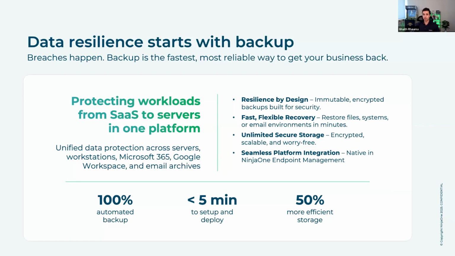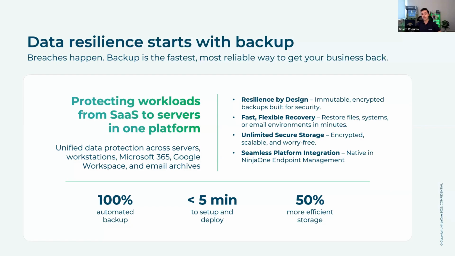Now, with Ninja, talking about backup, we range from protecting workloads, from servers and devices, to also SaaS environments. I mentioned it before, we're going to cover backup of workstations, servers, desktops. Not only that, but also 365 environments, Google Workspace environments, and also Entra ID backup.